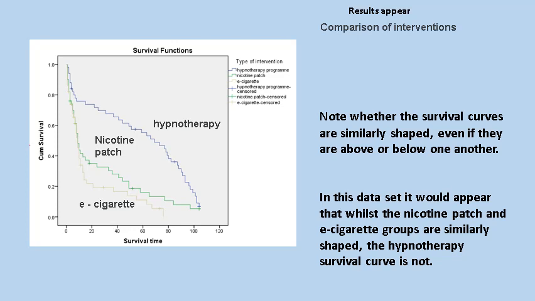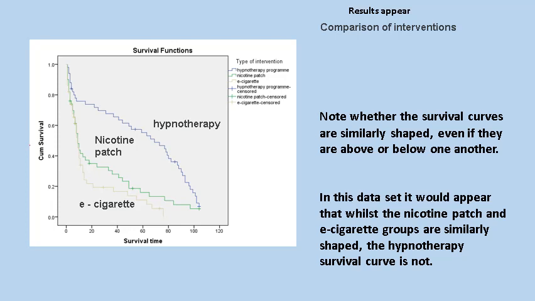In this data set, it would appear that while the nicotine patch and e-cigarette groups are similarly shaped, the hypnotherapy survival curve is not similar to the nicotine patch and e-cigarette curves. Nicotine patch and e-cigarette curves are similar, but hypnotherapy is not similar.